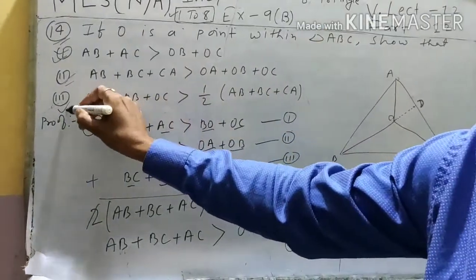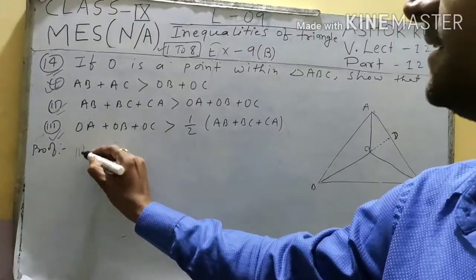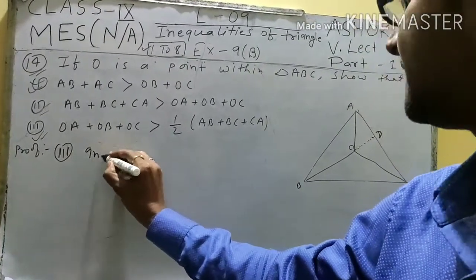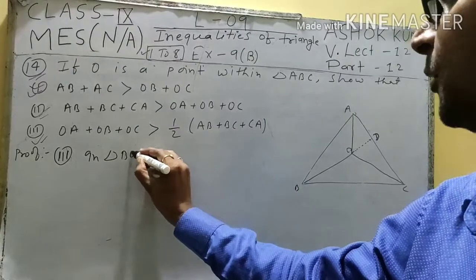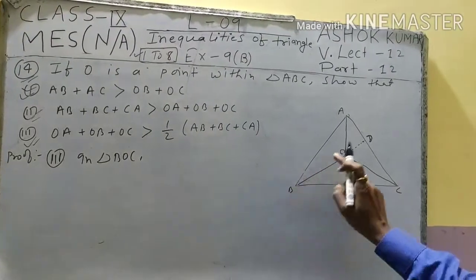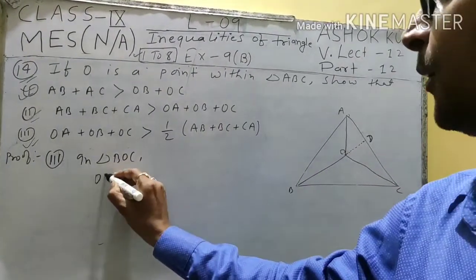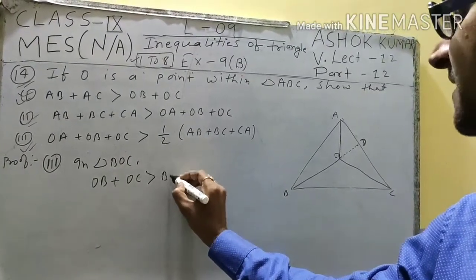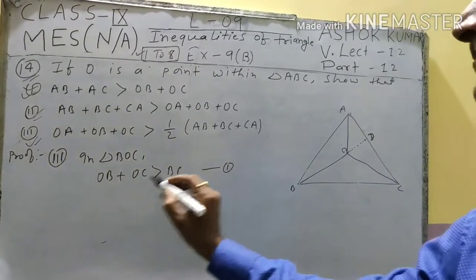And the third one is, in triangle BOC, OB plus OC is greater than BC. This is equation first.